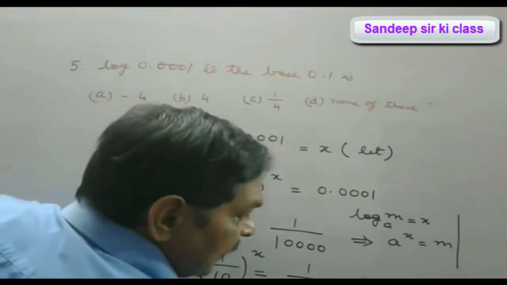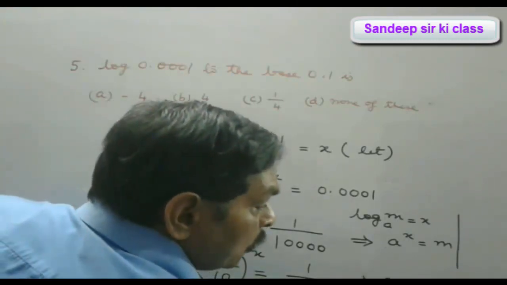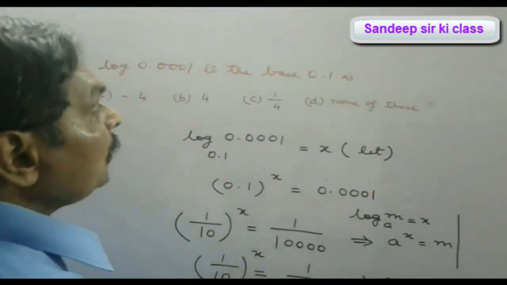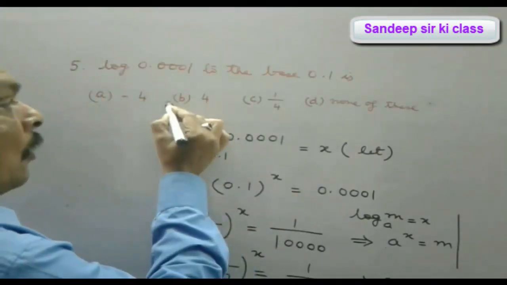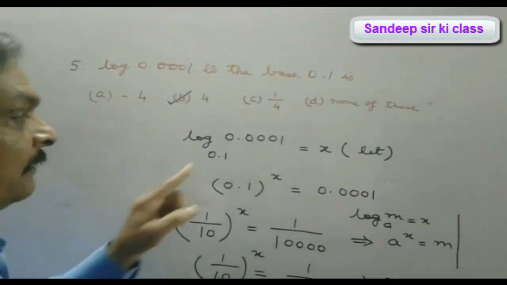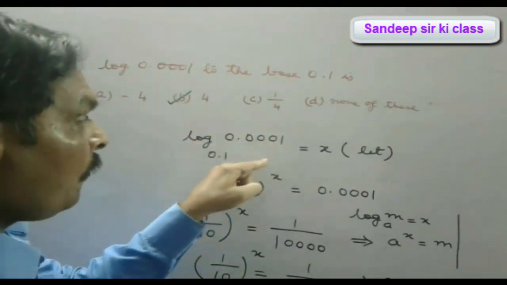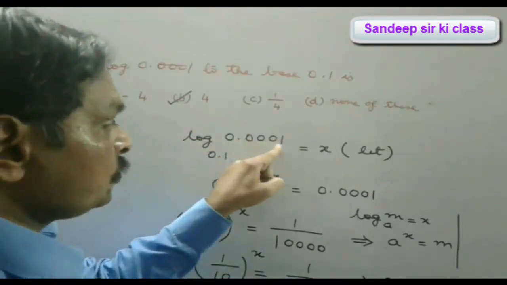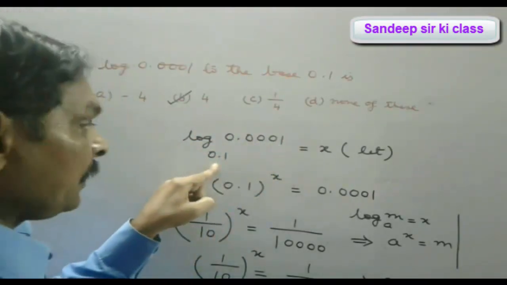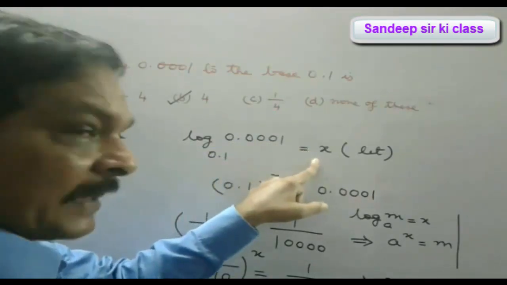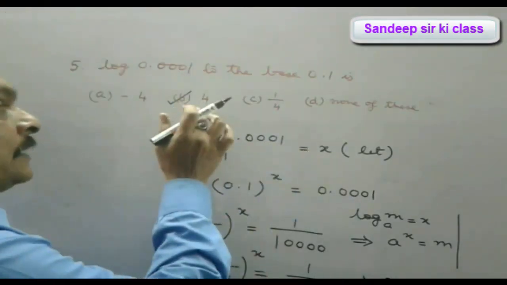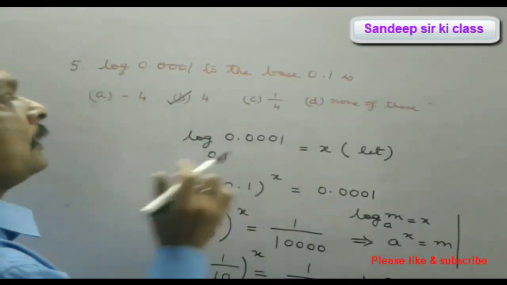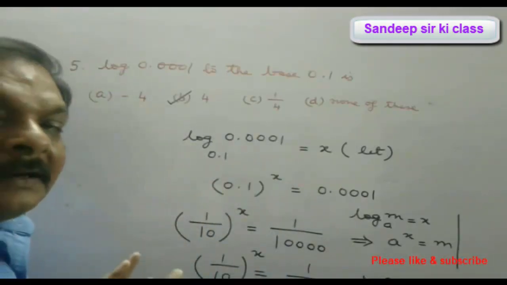So this gives us x is equal to 4, and hence our option B is correct, because the required value of log 0.0001 to the base 0.1 we have taken as x. So the required value is 4, because we have obtained x as 4. Option B is correct here.